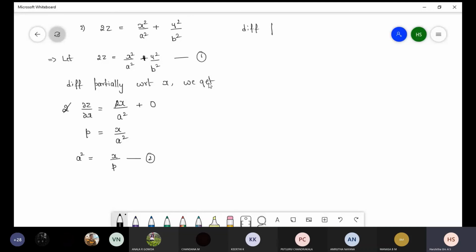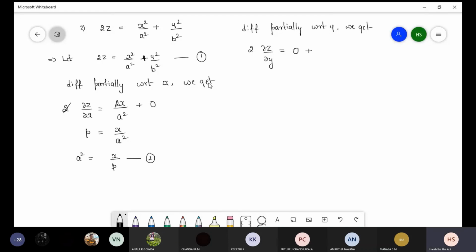Next, differentiate partially with respect to y. So what we get on the right side, z with respect to y partially means dou z by dou y. Yes, very good. Dou z by dou y is equal to, in the first term we are not finding any y term, so it is a constant, so I will put 0 plus.